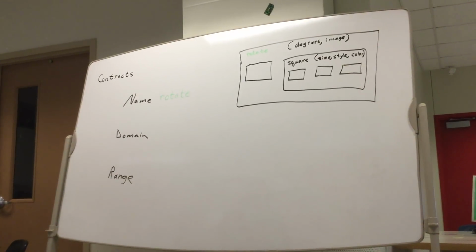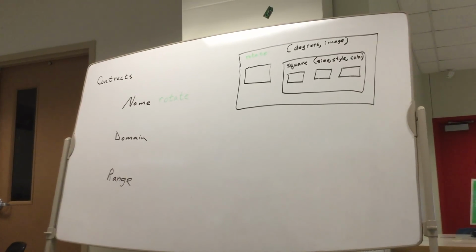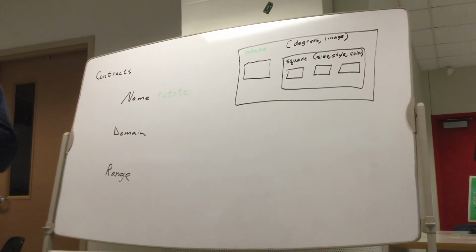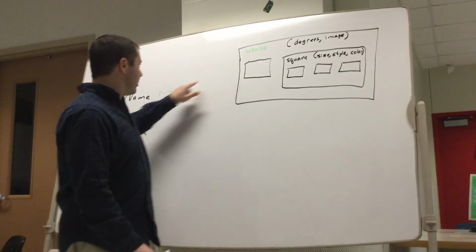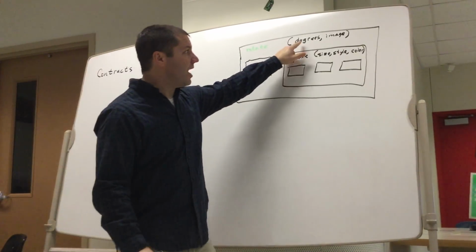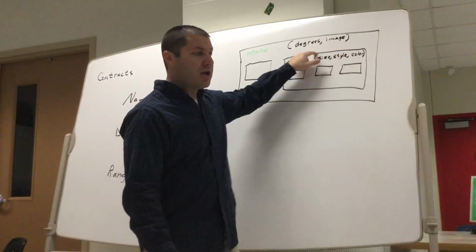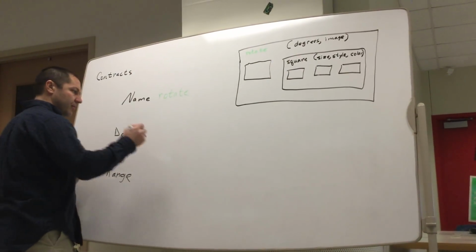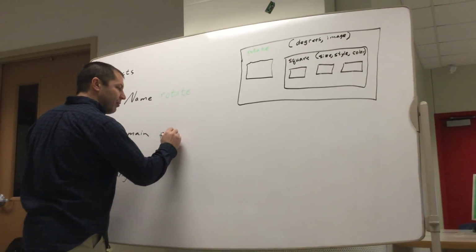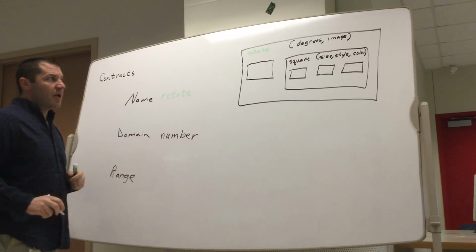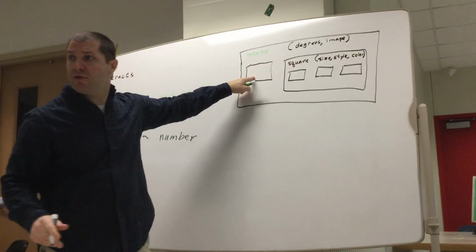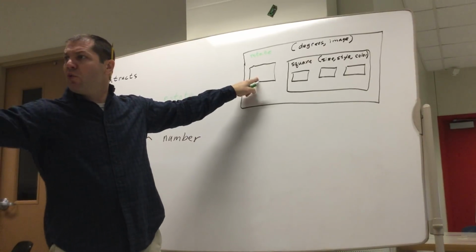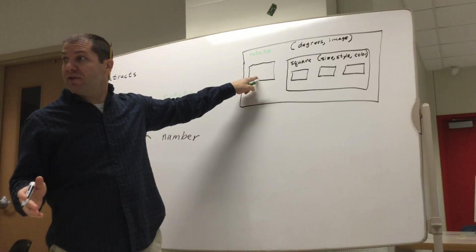So we don't have to list the contracts of the image we're putting in. We just need some image. So rotate is the name of the function. It actually only has 2 inputs. It requires a blue number, and that's for the number of degrees that it's going to rotate, like 45 degrees, 90 degrees, and it will rotate the image that we put in.